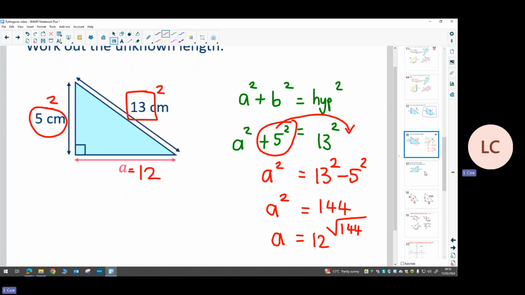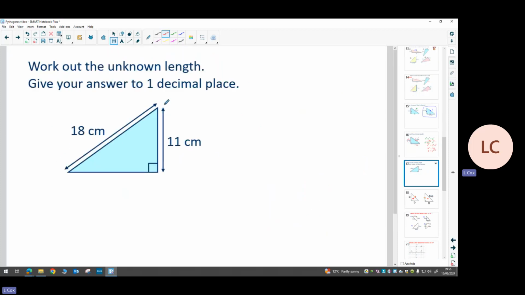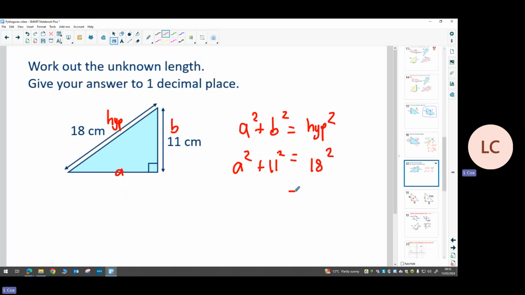Let's do one more example quickly. So I know the hypotenuse. So I'm going to call this one A, I'm going to call this one B, and this is my hypotenuse. So A squared plus B squared equals hypotenuse squared. A squared, don't know it, plus 11 squared is equal to 18 squared.